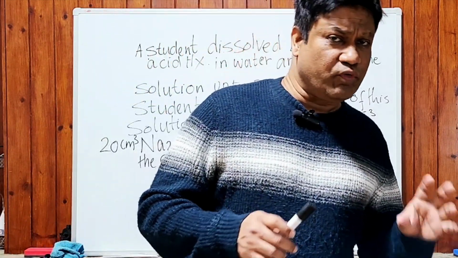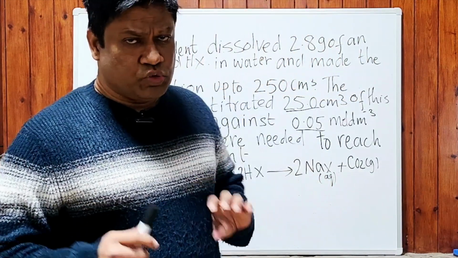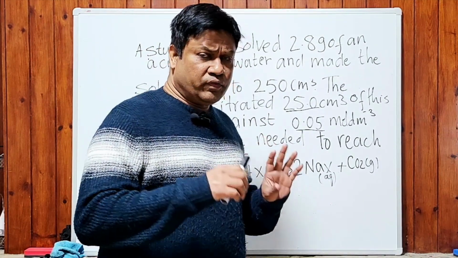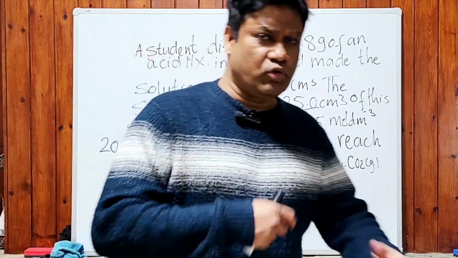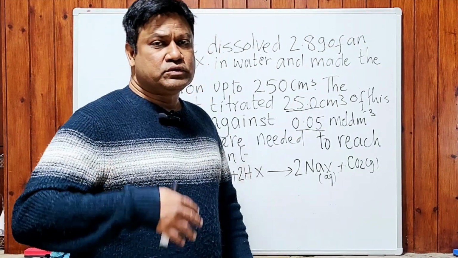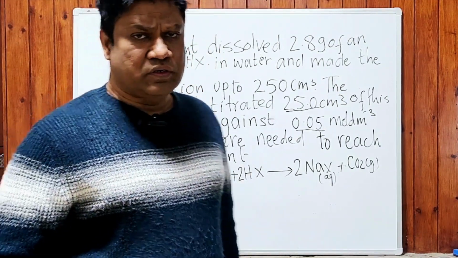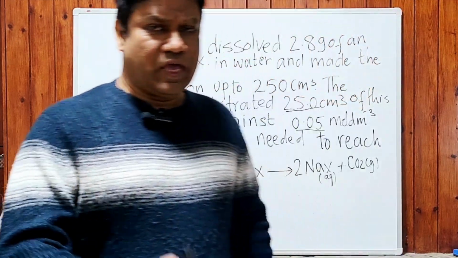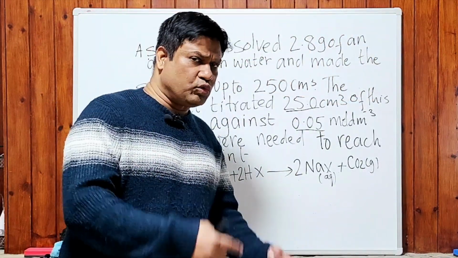I have already shown you how to make the standard solution. We can make our own standard solution and use it to titrate the unknown substances and work out the concentration of the unknown chemical.